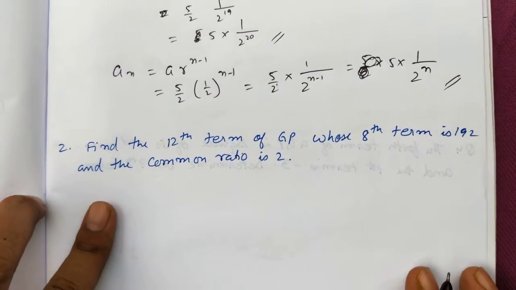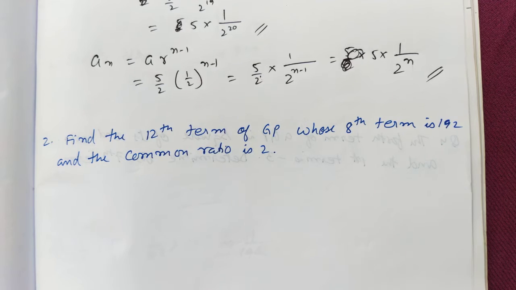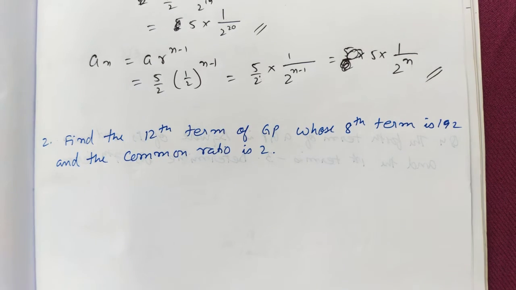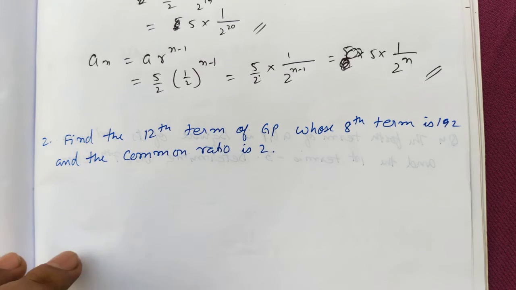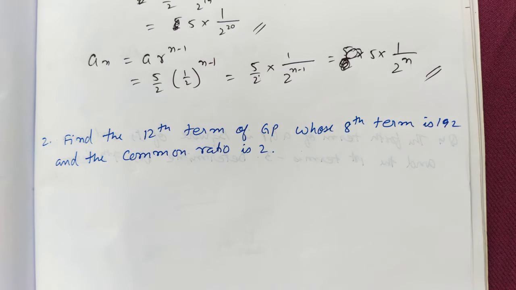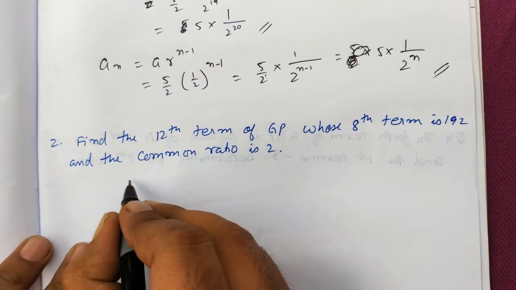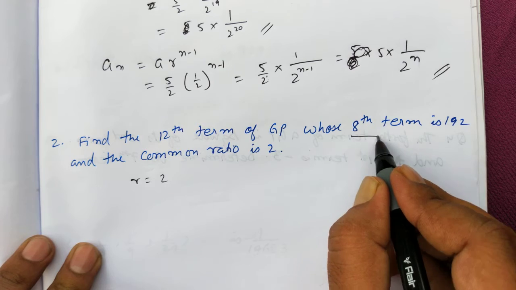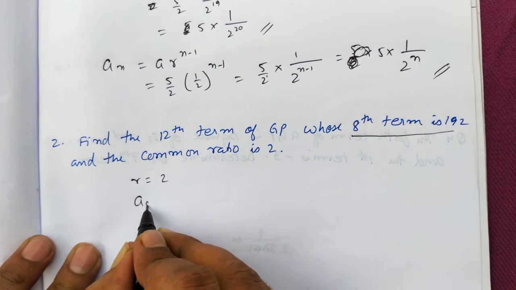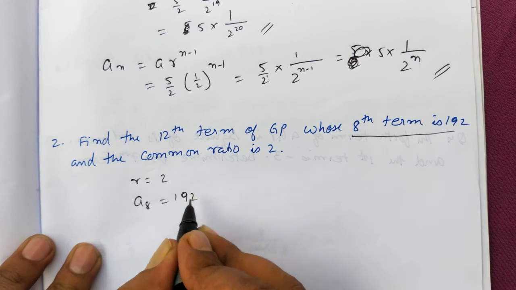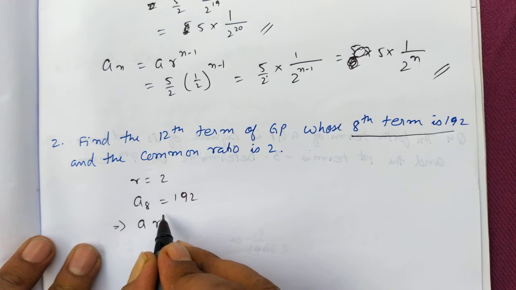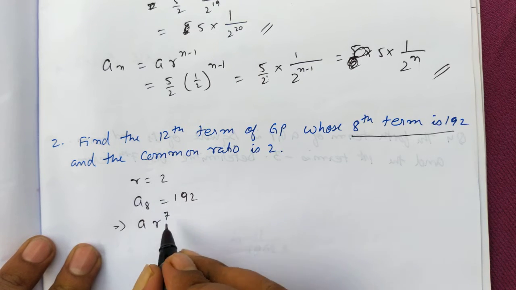Let's do question number 2. Find the 12th term of a GP whose 8th term is 192 and the common ratio is 2. They have already given the 8th term, and r is 2. So a8 is 192. Use the formula on the left side, ar^7, since 8 means one less.